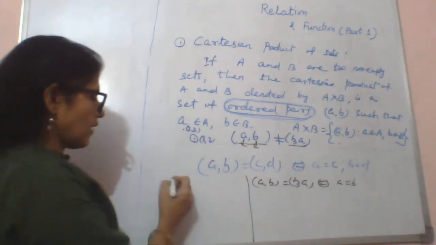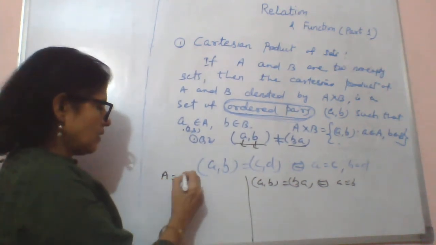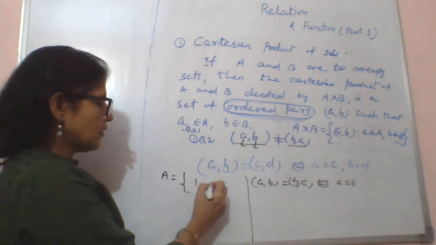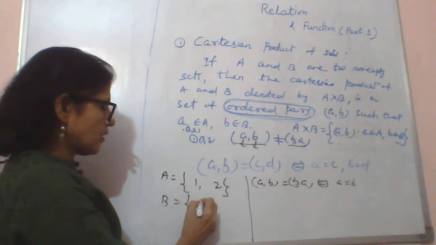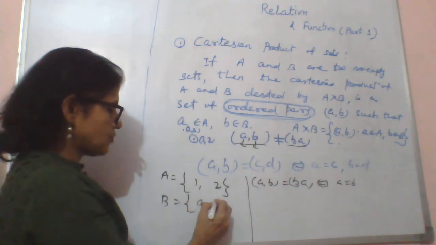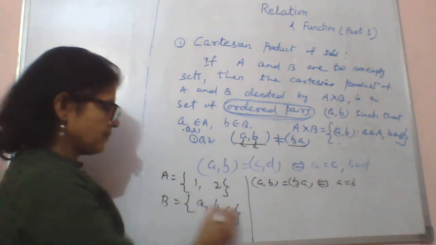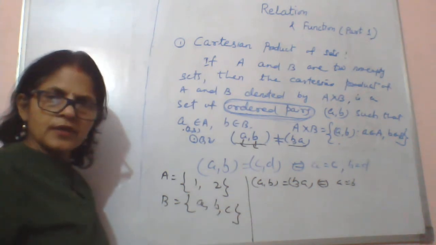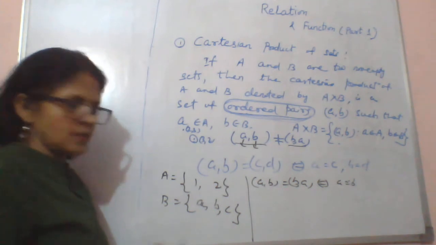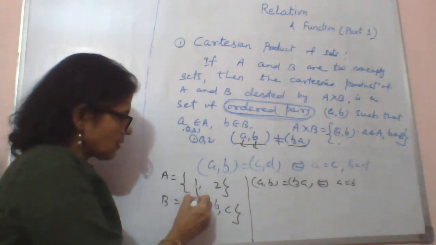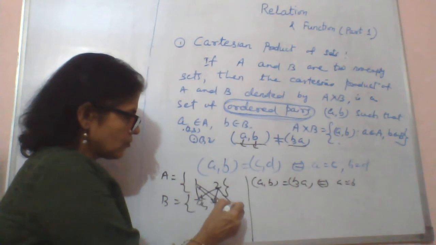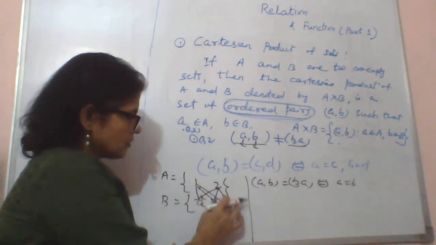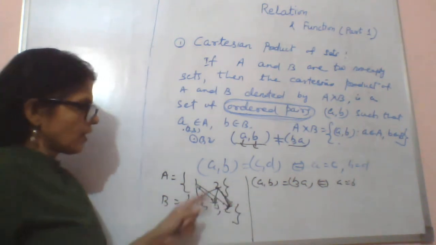And if I write here A is, suppose, {1, 2}, B is, I can take {a, b, c}. So if I want to take A Cartesian product B, it will be like this: (1, a), (1, b), (1, c), (2, a), (2, b), (2, c). So it means the ordered pairs will be what here?